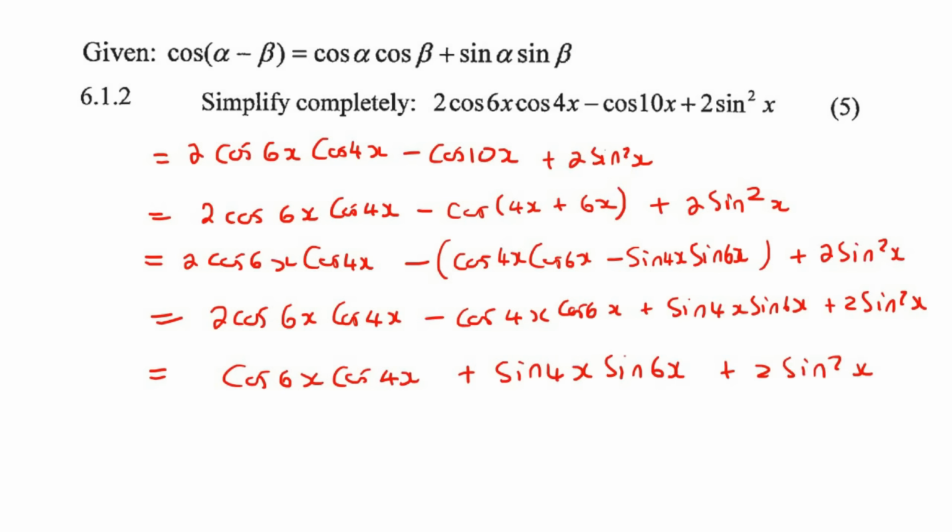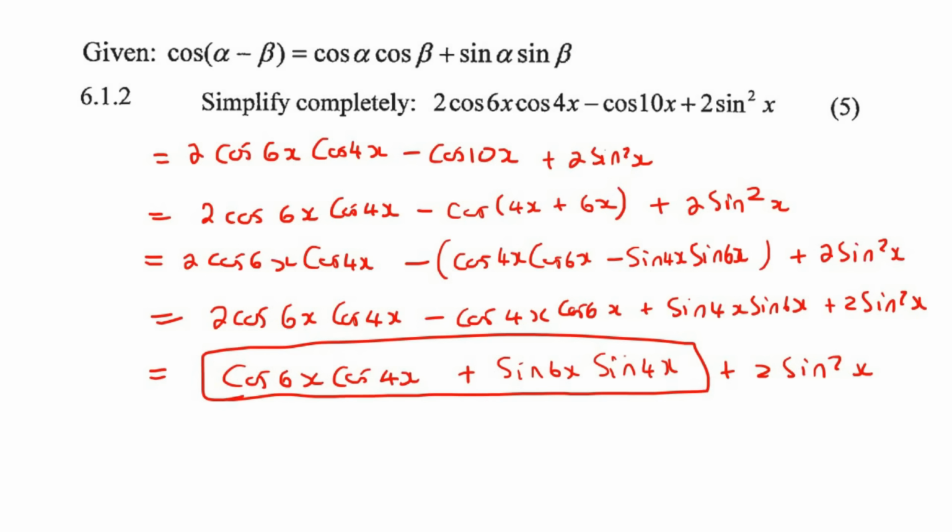Oh wow, this is beautiful. If you look at this part, maybe let me rearrange this to become sin 4x. Oh no, wait, let's leave it as sin 6x sin 4x. If you look on your formula sheet, this is another compound formula.